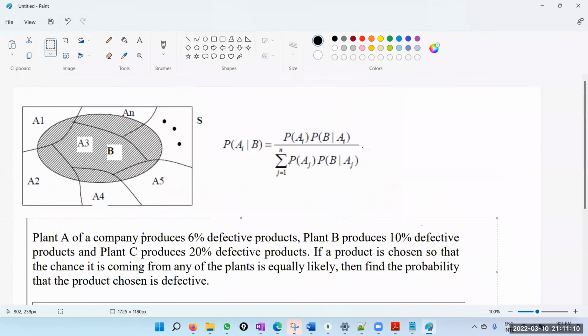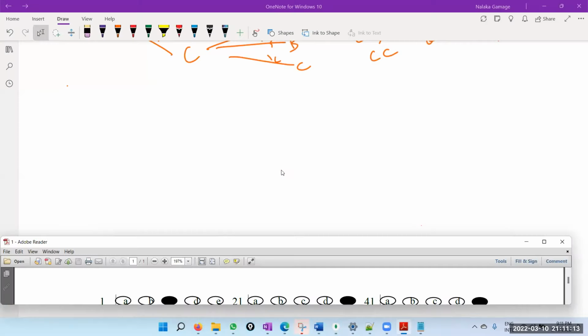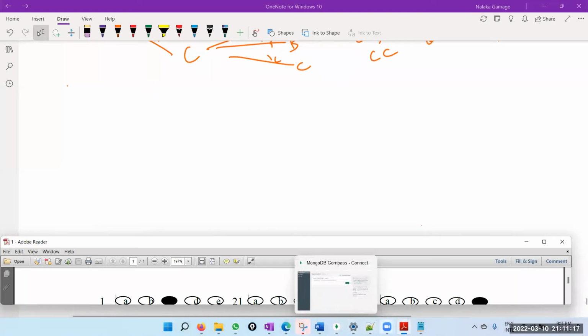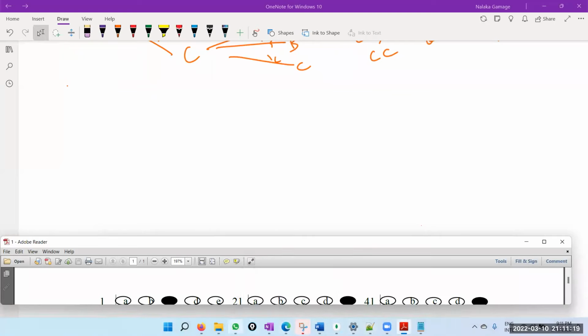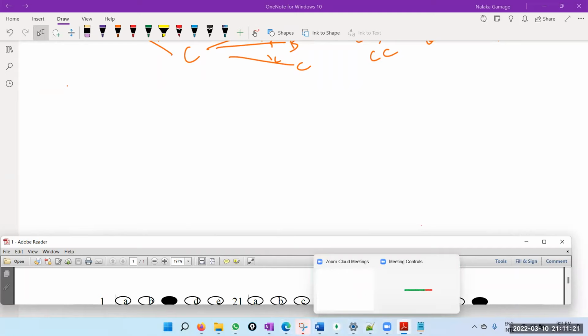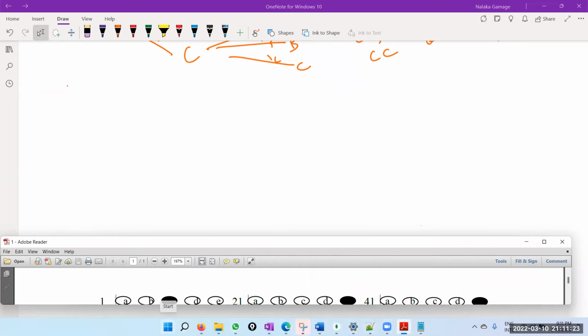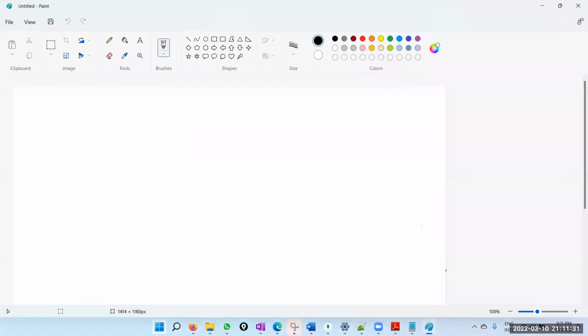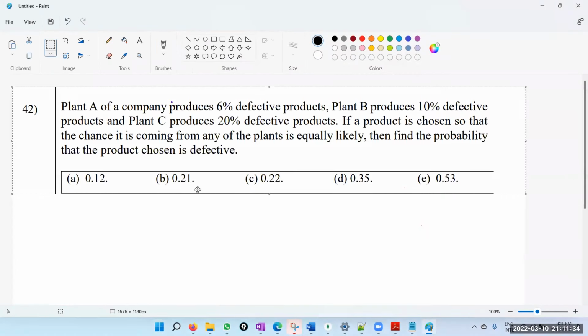Right, plant A. Okay, what happened to my Paint? Oops, it goes. Let me copy it again, okay?